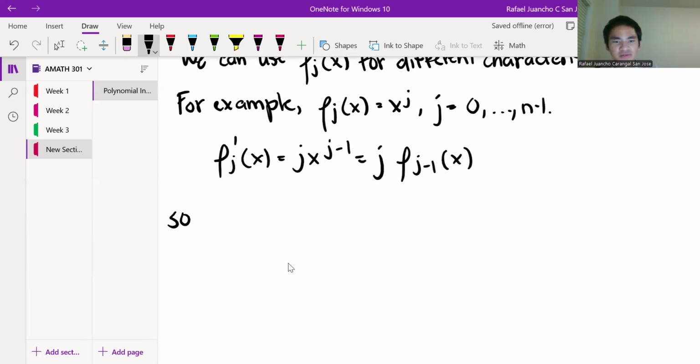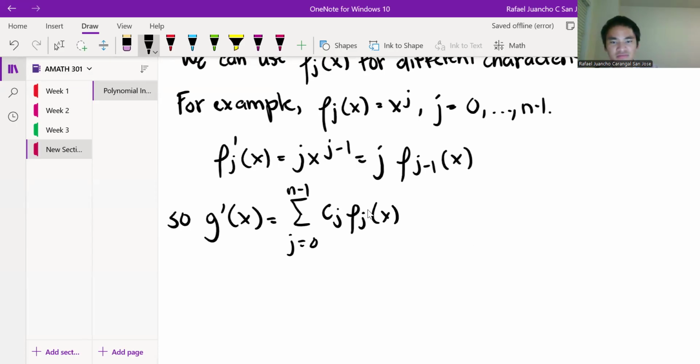So what do I notice? I notice that when I take the derivative of my function approximation, well, this is going to be the sum from j equals 0 to n minus 1 of c_j rho_j of x, then the derivative of that thing.